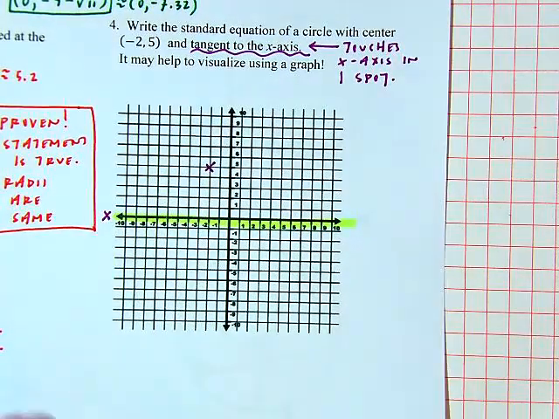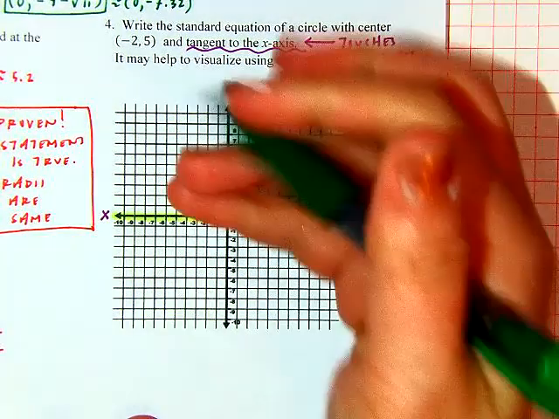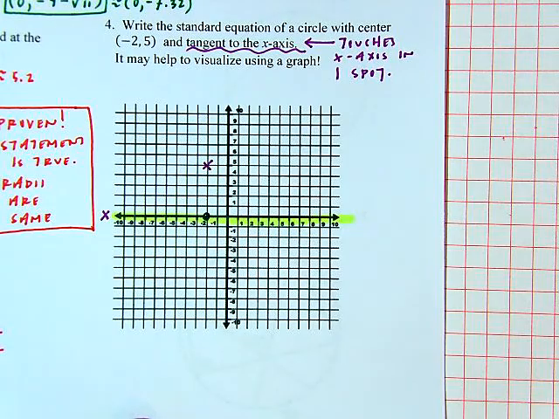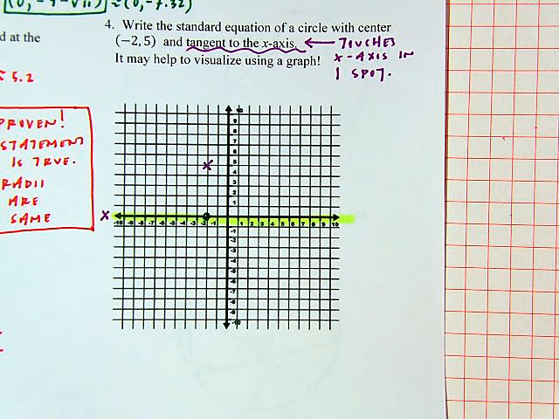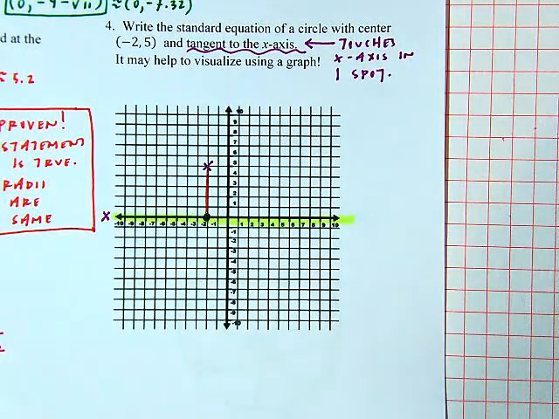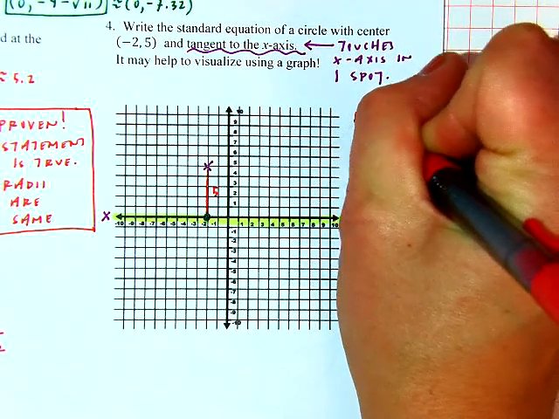So if I'm tangent to the x-axis, then the point of tangency would have to be right here at -2, 0. So that really clues me in that a radius right here would have to be 5. So the radius would be 5.